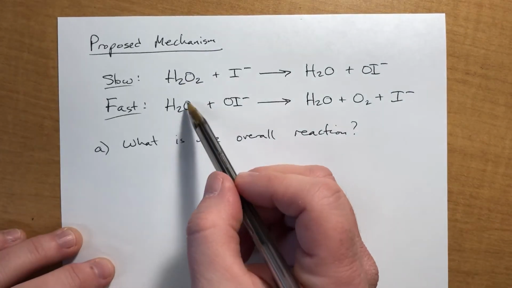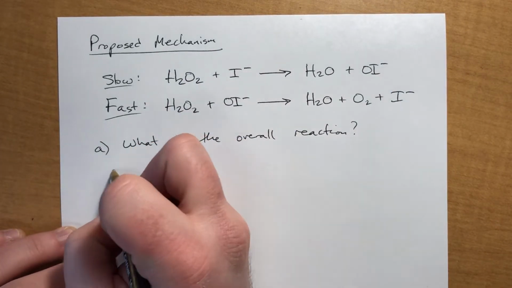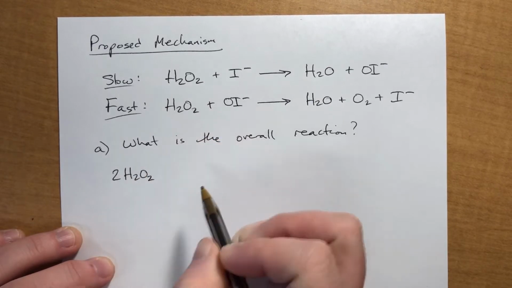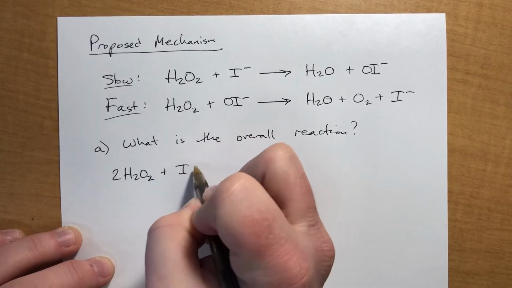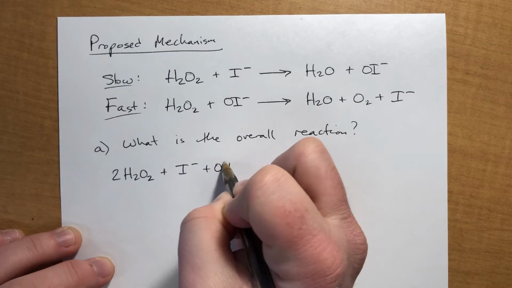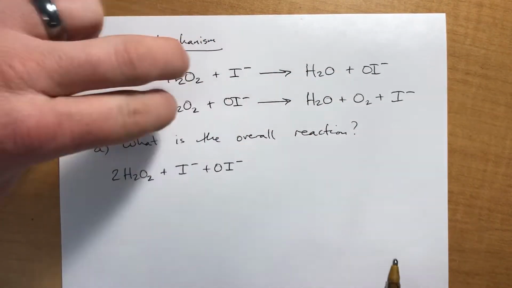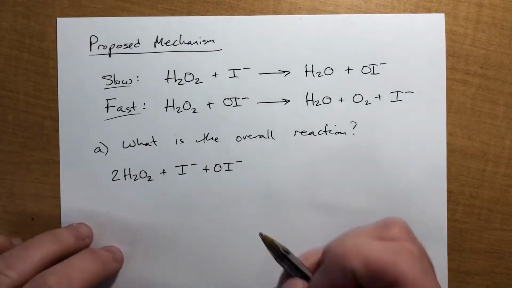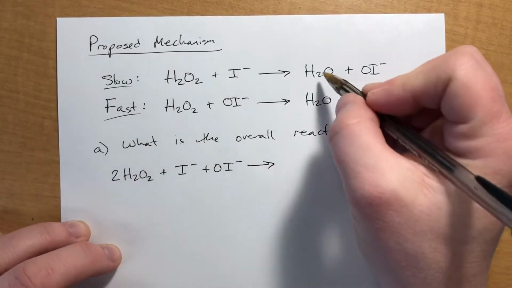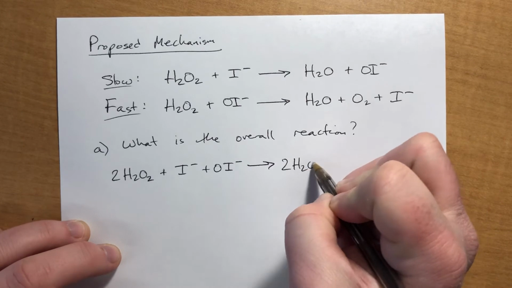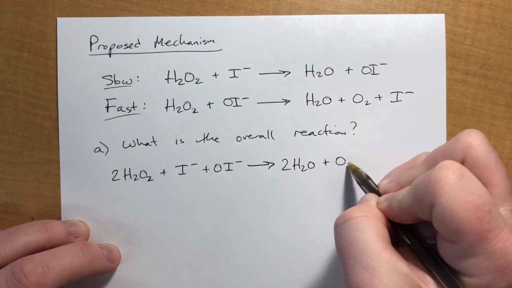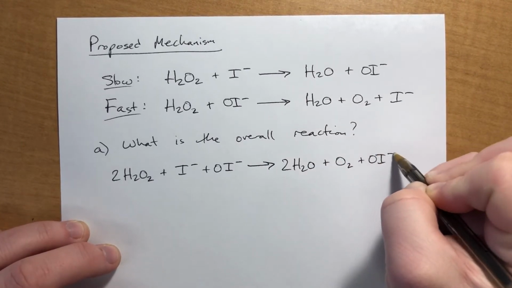So we have 2 different H2O2s on the left, so I'm going to write 2 H2O2. We also have an I minus and an OI minus on the left, the reactant side. On the product side we have 2 waters, an O2, an OI minus, and an I minus.